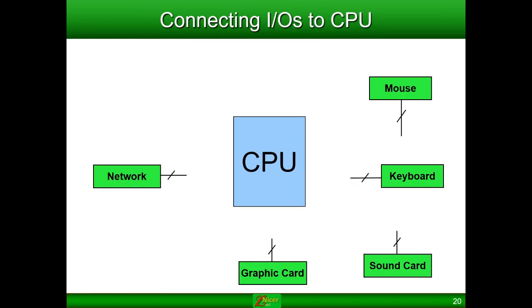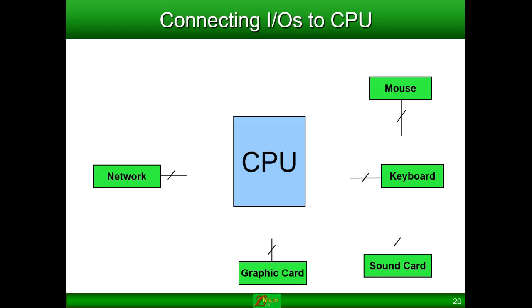Now let's see how we can connect our input and output devices to our CPU. There are a lot of pins on the CPU, on the processor, and we can connect all the inputs and outputs to our CPU. But of course we cannot just simply go and connect the pins to our input output devices.